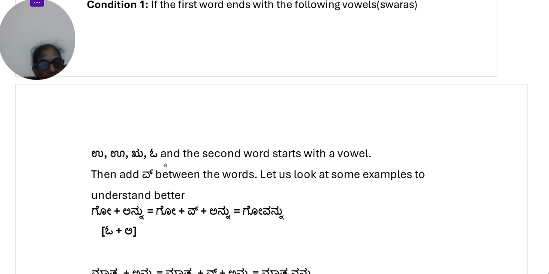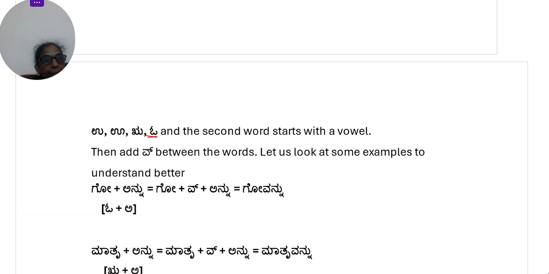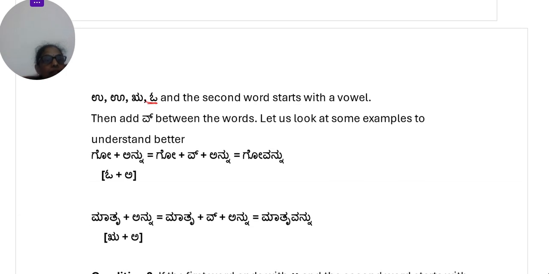So let us take an example here. Go plus annu. So go, it is ending with o here. So you will add va in between. Then matru, it is ending with ru here. So matruvannu. Okay.